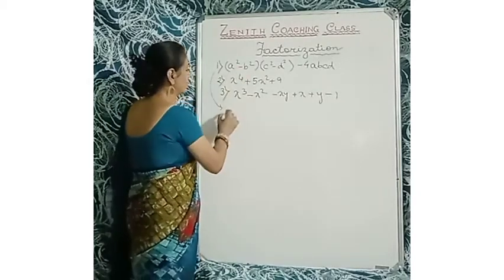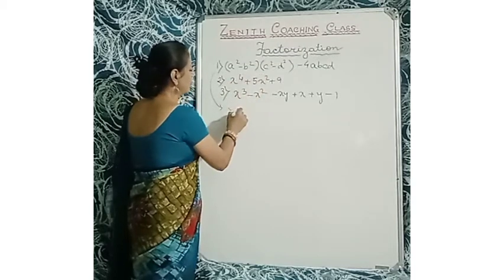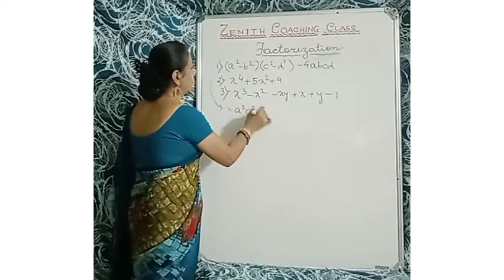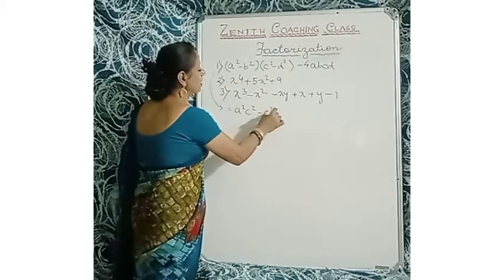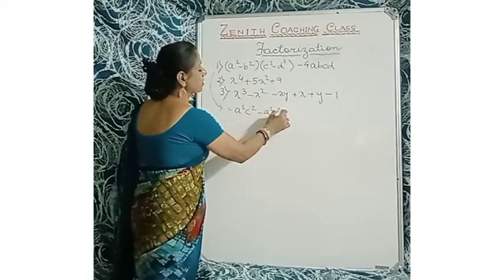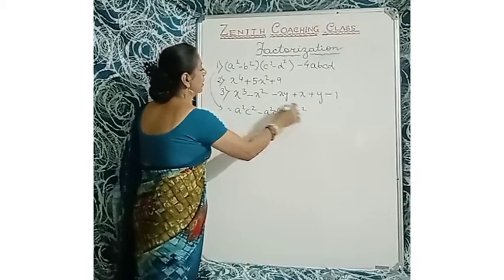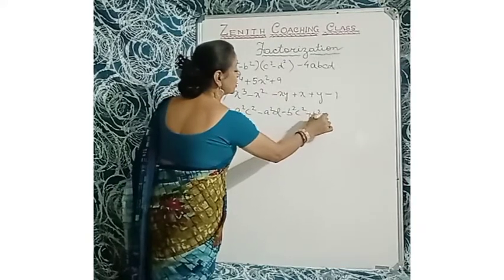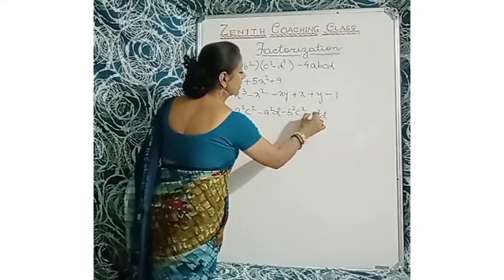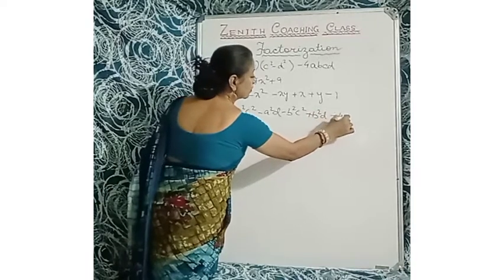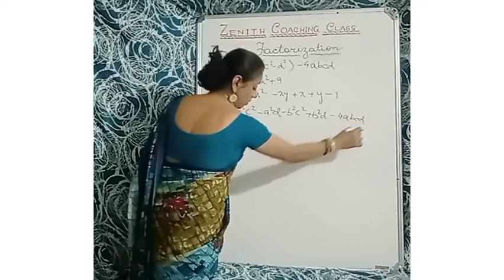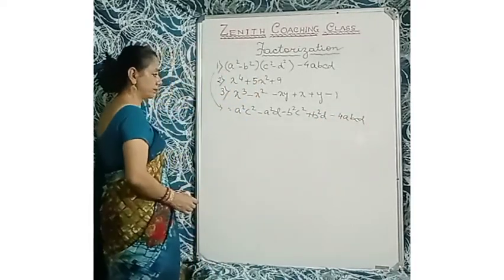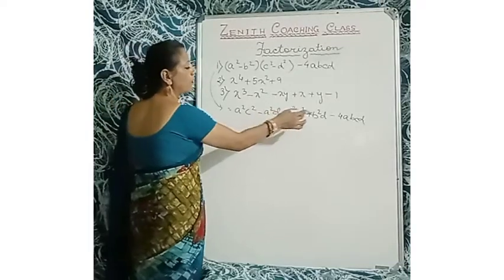So multiply first. That is a square c square minus a square d square minus b square c square plus b square d square minus 4abcd. So 5 terms.